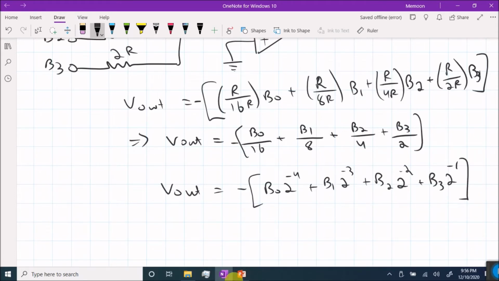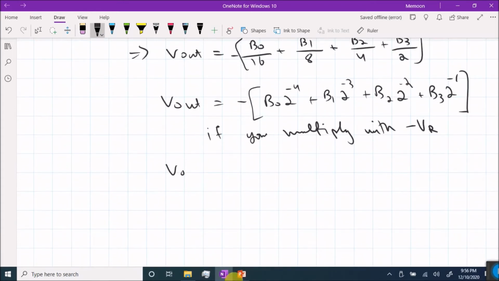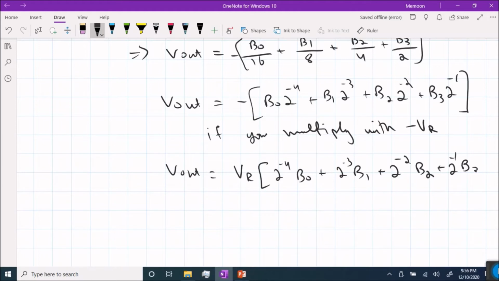So if you multiply this above equation with negative VR, the equation will become V out is equal to VR into 2 raised to power minus 4 B naught plus 2 raised to power minus 3 B1 plus 2 raised to power minus 2 B2 plus 2 raised to power minus 1 B3.